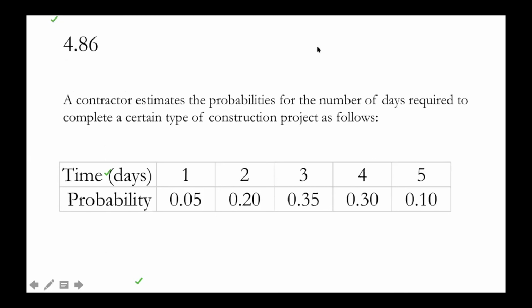A contractor estimates the probabilities for the number of days required to complete a certain type of construction project as follows. So we have the days, and the probability that the project will be completed. The shorter the amount of time, the lower the probability, but also after the third day, the probability will decrease, so the highest probability is at day 3.